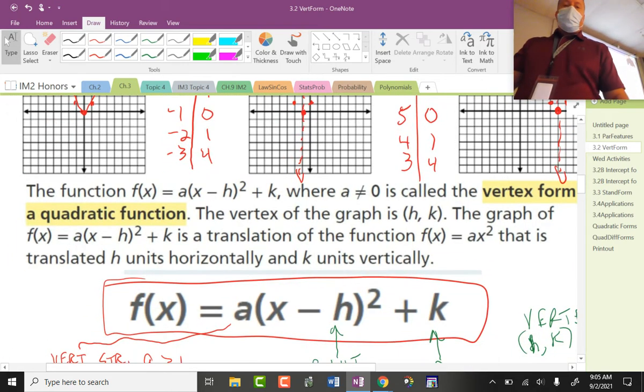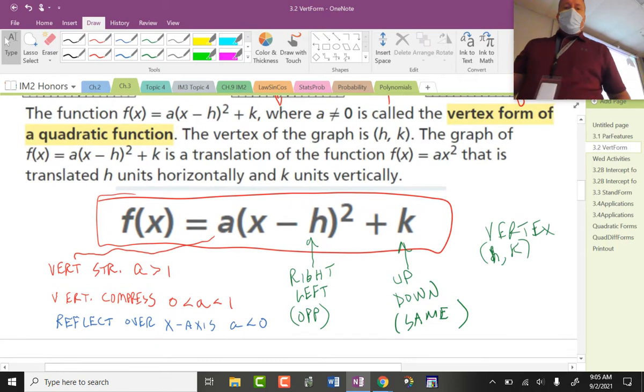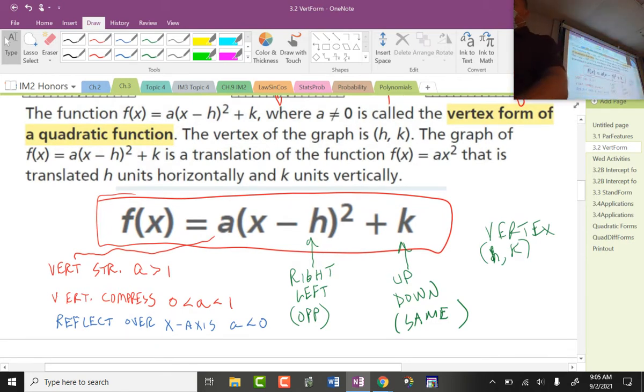Go ahead and take this down. I'm going to blabber about this form. This is what we just discovered. I'm going to blabber about how this affects all functions the same way, not just squared, or quadratics are what these are called. First of all, from yesterday, we started with that. Vertical stretch. If A is bigger than 1, then it's stretched vertically.